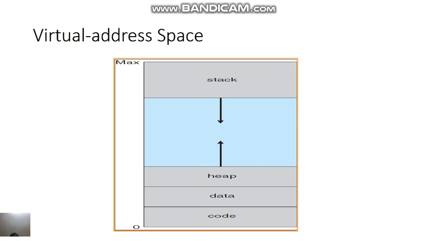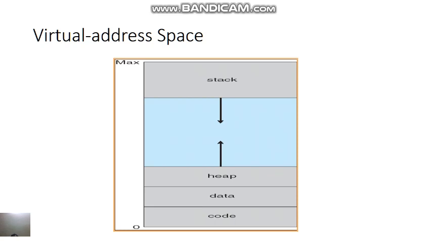And this free space requires physical pages. This free space actually needs to be mapped to the physical address space whenever the heap grows or the stack grows. So this is the virtual address space we are talking about here.